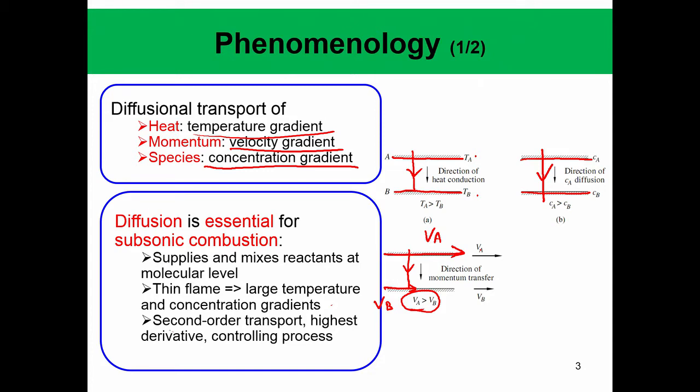The diffusion transports appear as second order derivatives in the species equation or in the energy equation, and they become the controlling process instead of convection inside a flame. Outside the flame, convection can be important, but inside the flame diffusion of heat and species becomes very, very important.